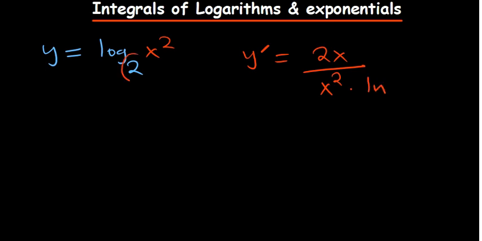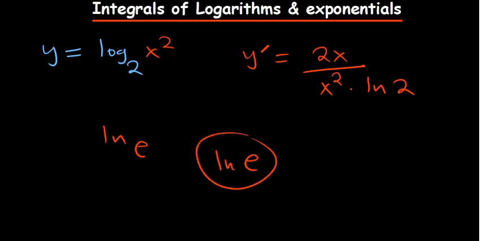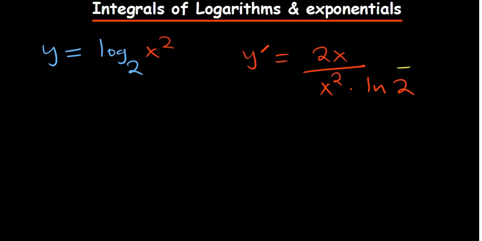In this case the base is 2. Of course for the natural log we know the base is e. That's why natural log of e disappears. So in this case this will reduce to 2 over x natural log of 2.